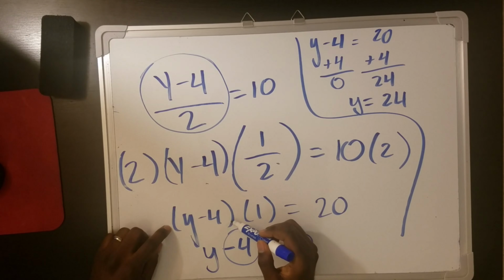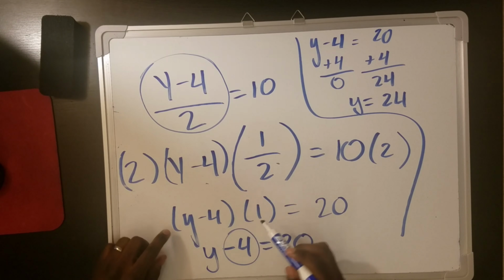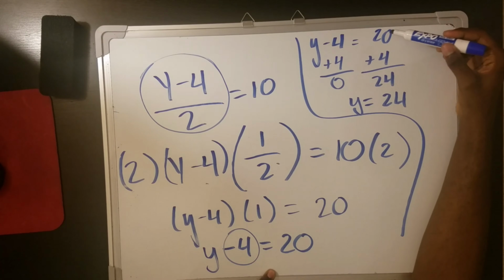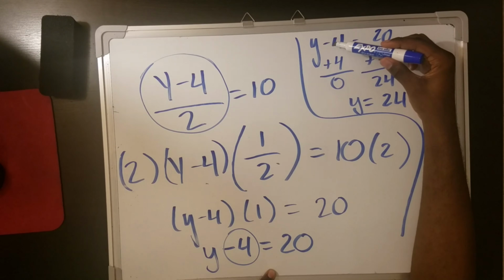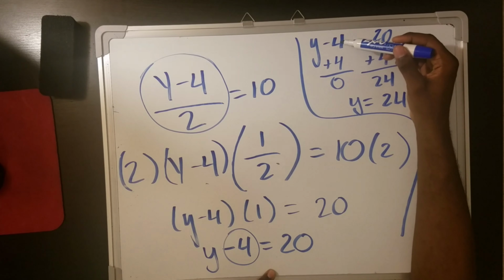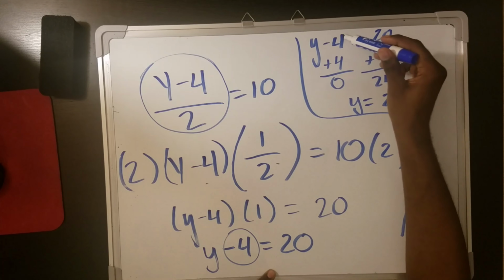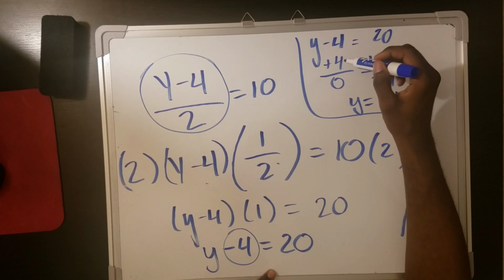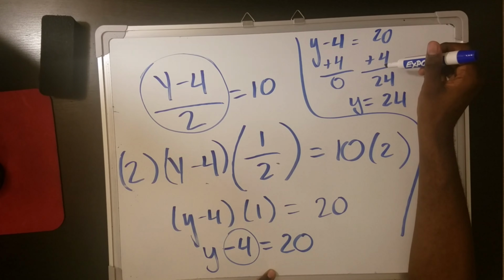So we still have y minus 4. So now we rewrite it as y minus 4 equals 20. And let's move up here. How do we cancel this negative 4 out? Well, we're shooting for the additive identity of 0. To cancel this out, to make it go to 0, we have to add 4. And whatever we do to one side, we do to the other side.